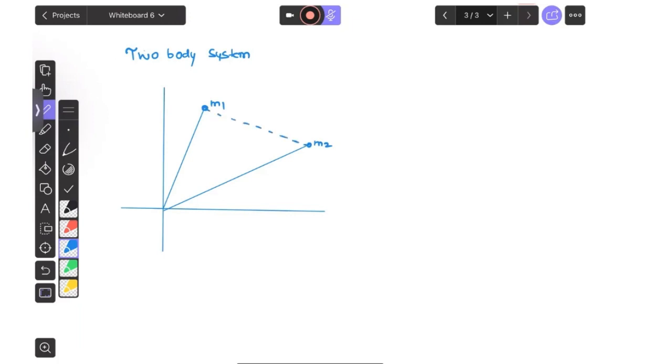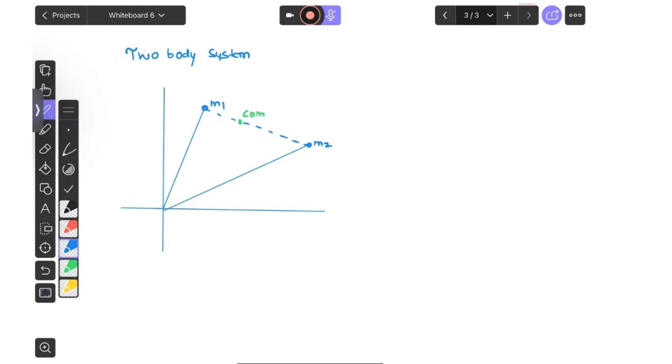Then the center of mass of these 2 point objects will lie somewhere on the line joining them, and it divides the line joining the masses in the inverse ratio of their masses.